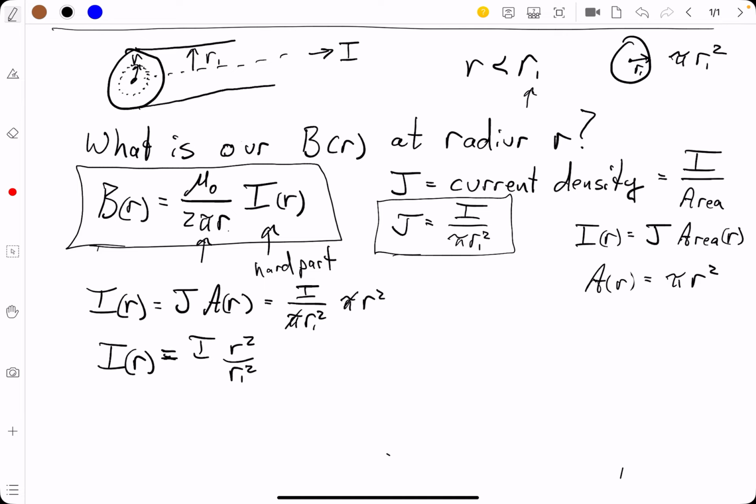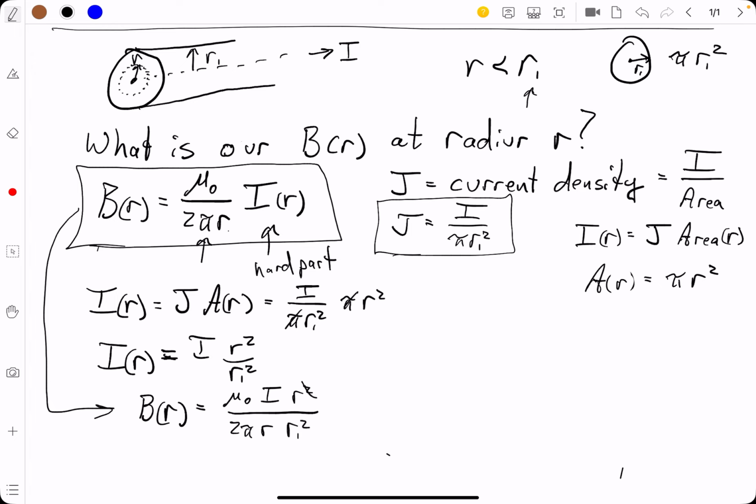Okay. So we're going to go back to this equation. And we're going to say that B of r is equal to mu naught I of r. So I'm going to put I times r squared here. And I'm going to put 2 pi r in the bottom and R1 squared there.